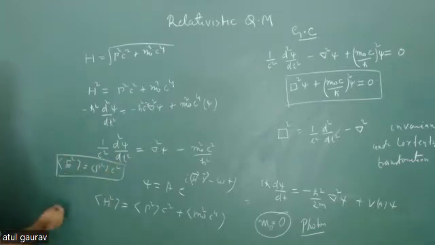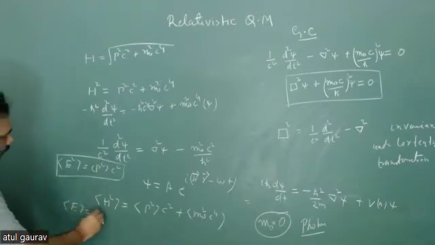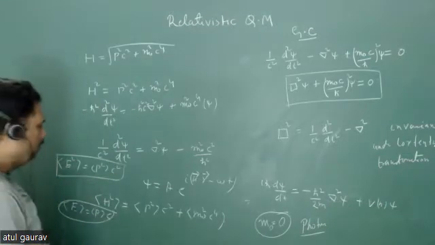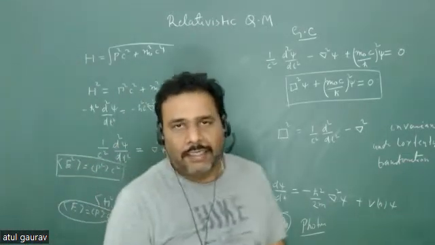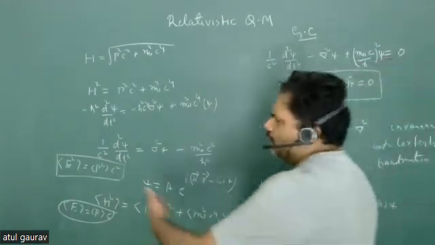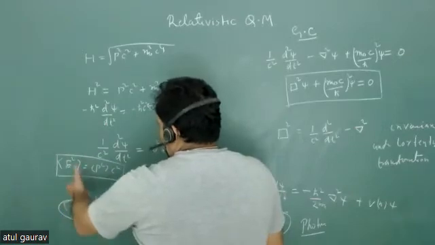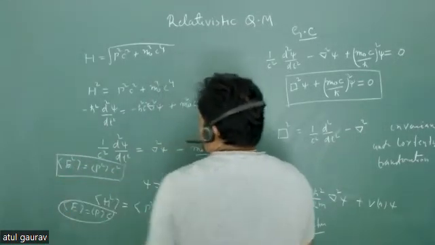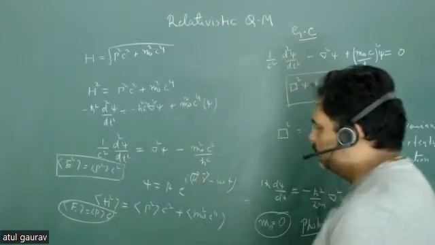So from here, E is nothing but the average value of p into c. From here, we can easily find this particular thing. निकाल सकते हैं ना? Yes, sir. In this case, E square का average or E का whole square का average may be the same thing and you can get this particular thing.